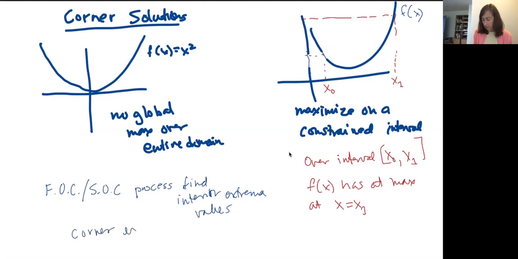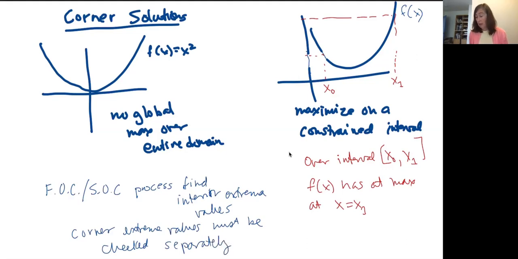Corner extreme values must be checked separately. Okay. Yeah, so if we were taking the derivative of this function, we would find a place where it equals 0. That would be a minimum, though. And if we're interested in the maxima, we'd have to just check the two boundary conditions.